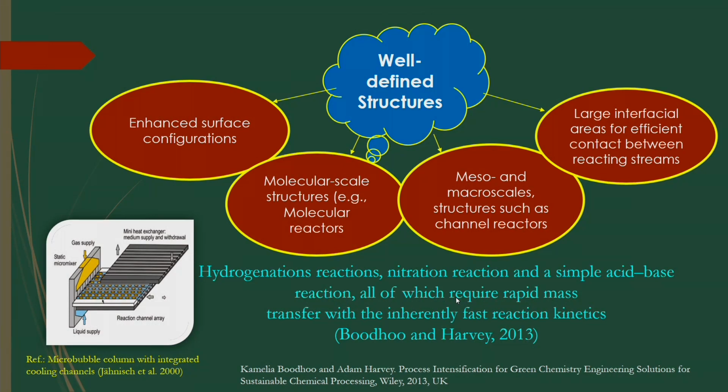Examples are hydrogenation reactions, nitration reactions, even a simple acid base reaction, all of which require rapid mass transfer with inherently fast reaction kinetics. So, for those reactions this structured configuration method of process intensification is important.